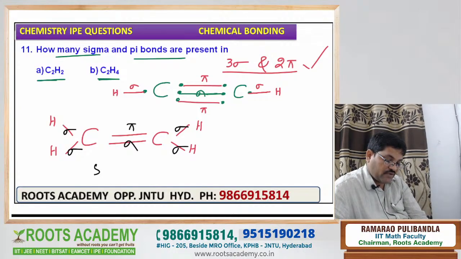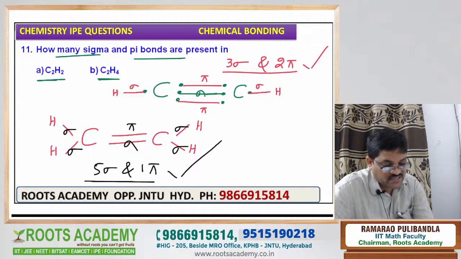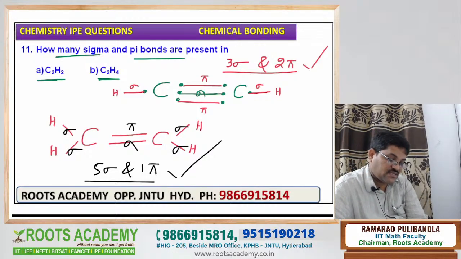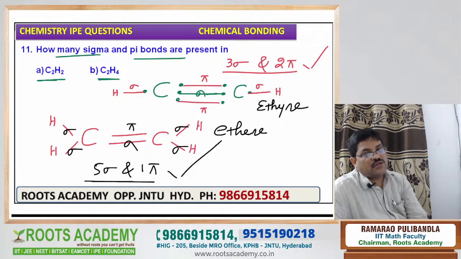Therefore here 5 sigma bonds and 1 pi bond are present in ethene gas, and the other is ethane gas. Understood, students? Simple logic, no confusion. This is a 2 marks question. Write the structure like this and you easily get the 2 marks.